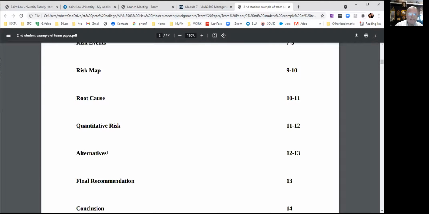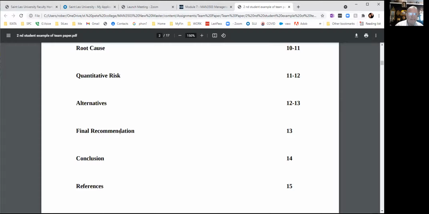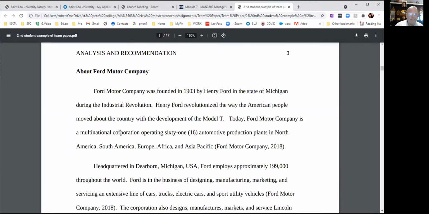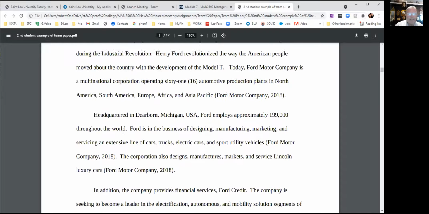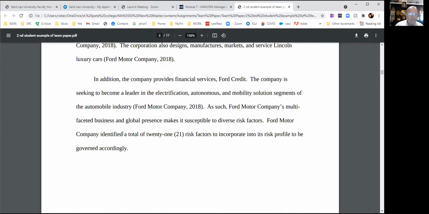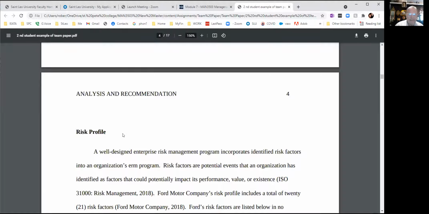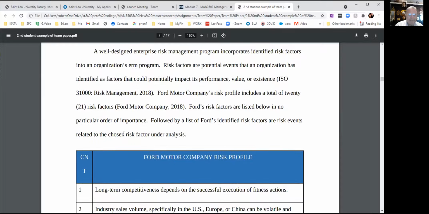They suggested alternatives and then final recommendation, and then their conclusion. So they give some background information on Ford. Their only mistake is they did it on national instead of local, but they did a pretty good job.